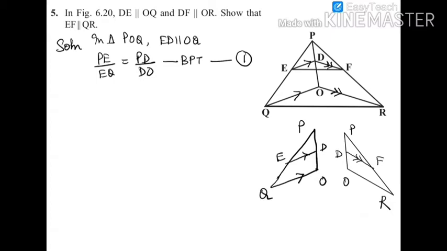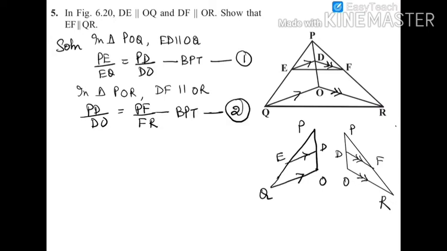So we can use BPT in this triangle, which says that the other two sides, that is PO and PR, will be divided in equal ratio. So we can write PD upon DO is equal to PF upon FR.